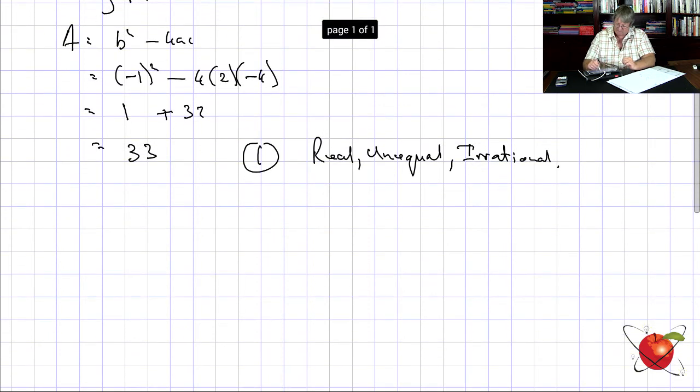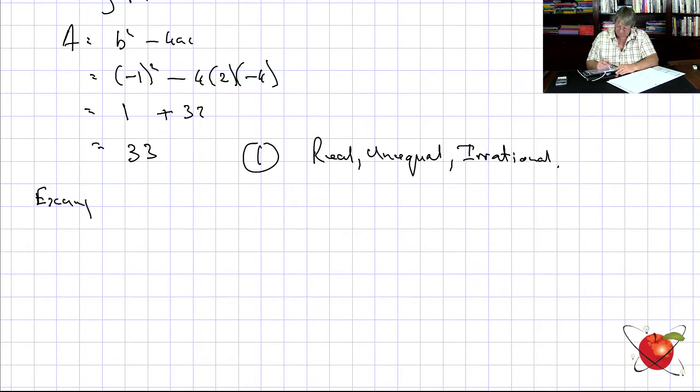Right. Now, the next question is, what value of p makes the roots non-real? Here's another example here. They say to us, minus 2x squared plus 4x minus 3 equals minus p.